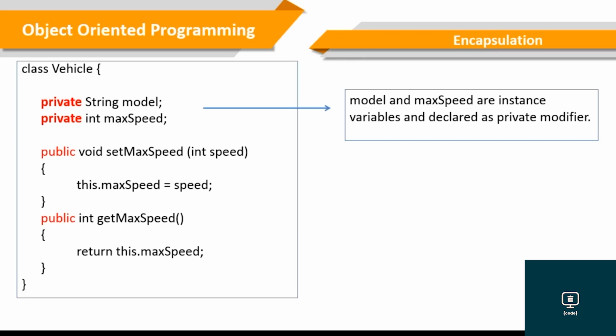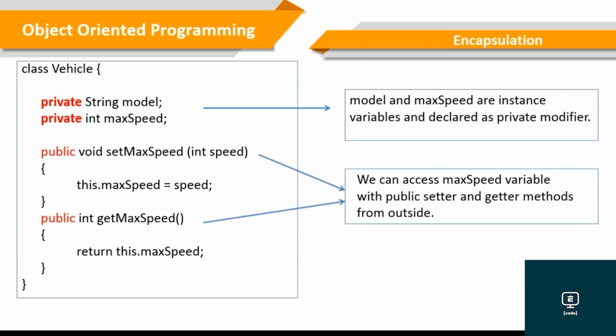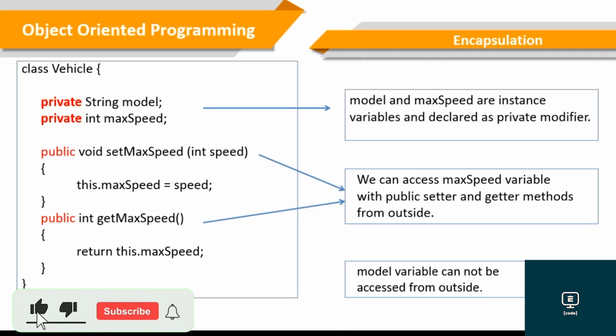That makes sense. Now, we define the public setter and getter methods of the max speed variable, so it can be accessed from outside the class. But we have no public setter and getter methods of the model variable, so it can't be accessed from outside the class.